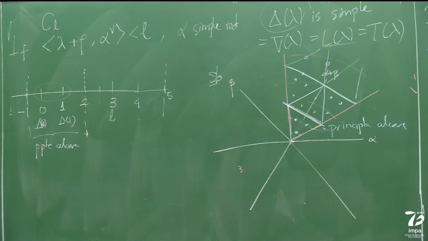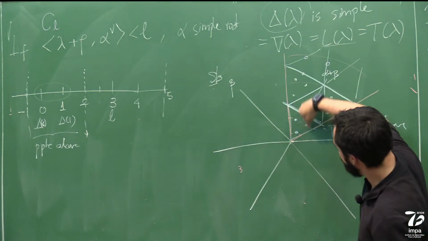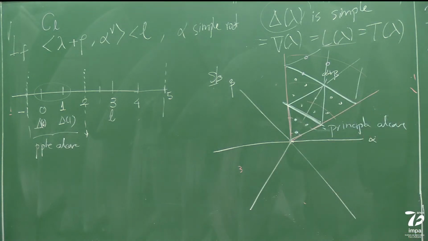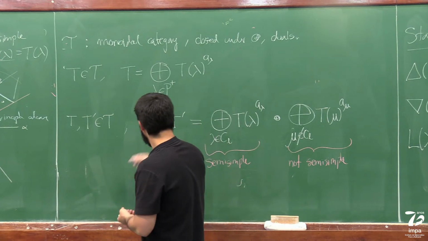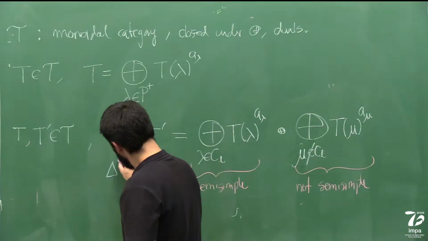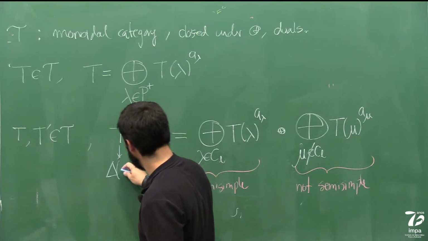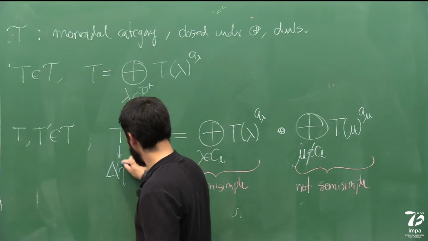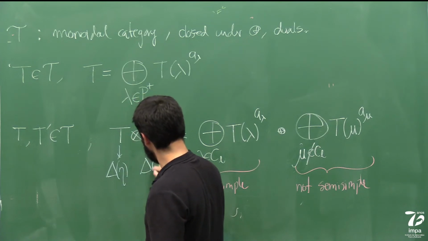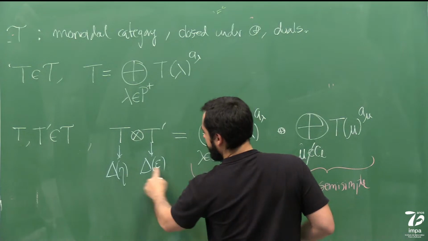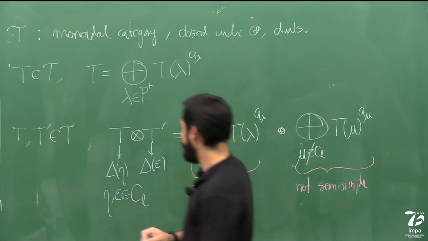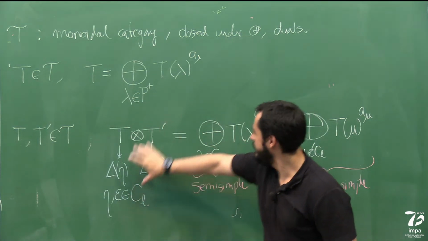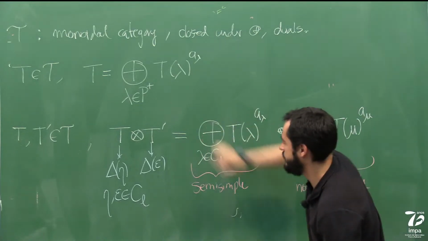So if I want to define a tensor product for just the modules here, I could say that if this one is a simple module, delta eta, and this one is some delta epsilon, for eta and epsilon in the principal alcove, I tensor them, because they are tilting modules, I can find this decomposition.